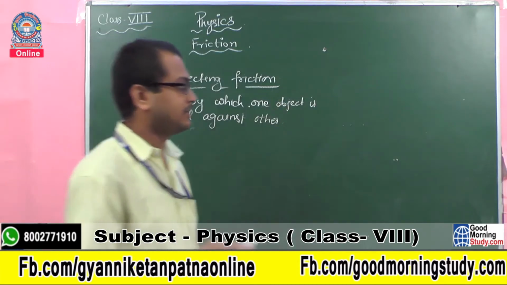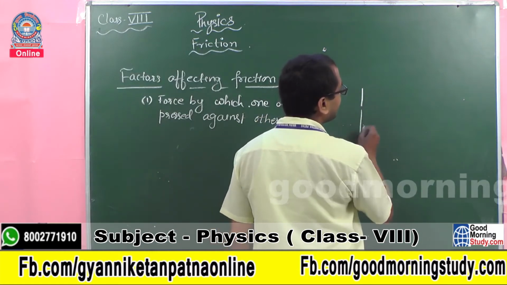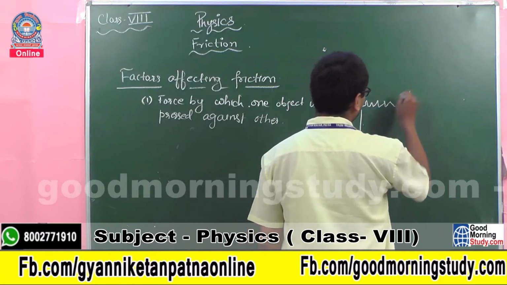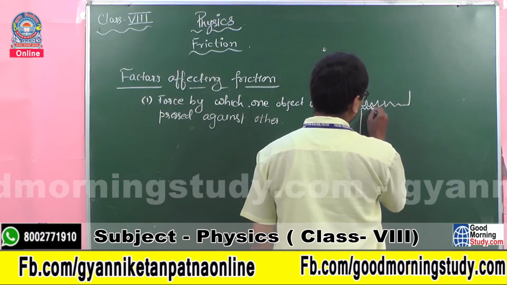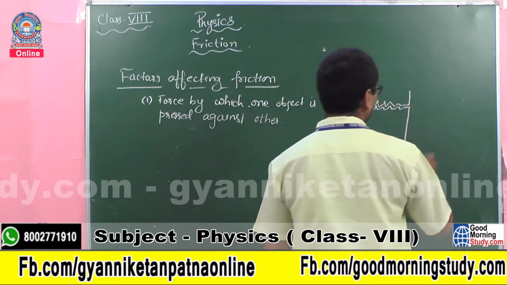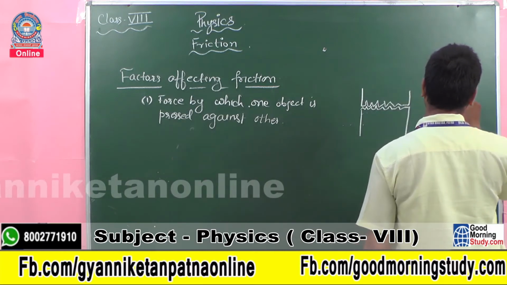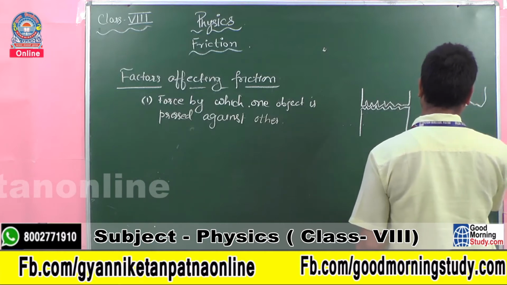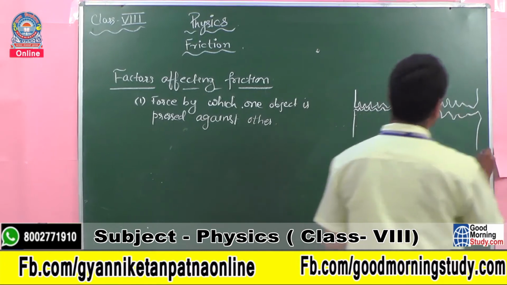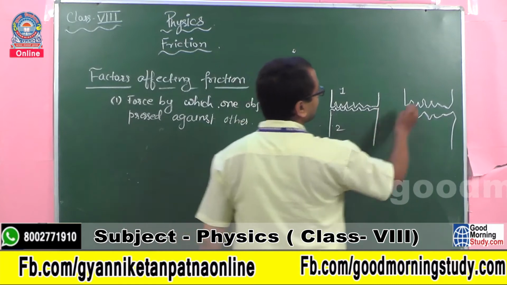So how does it happen? Suppose two objects are in contact with each other, object 1 and object 2.